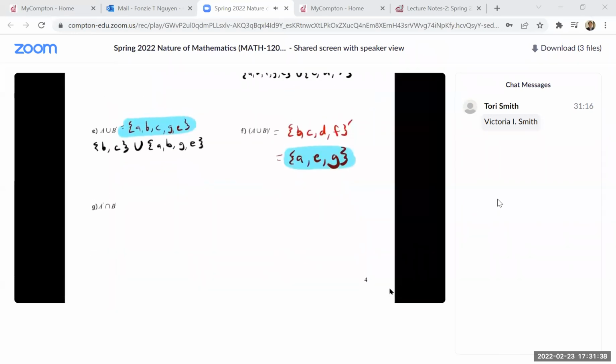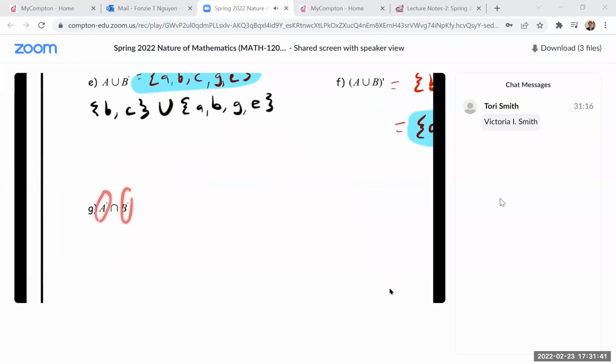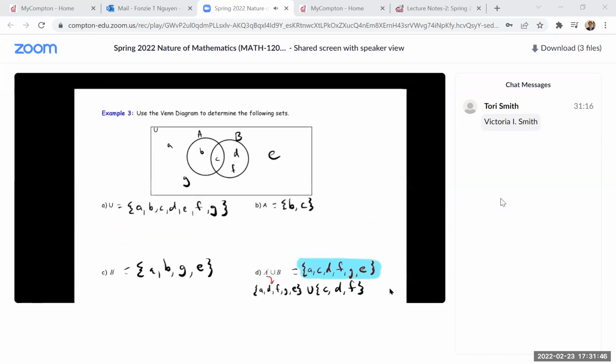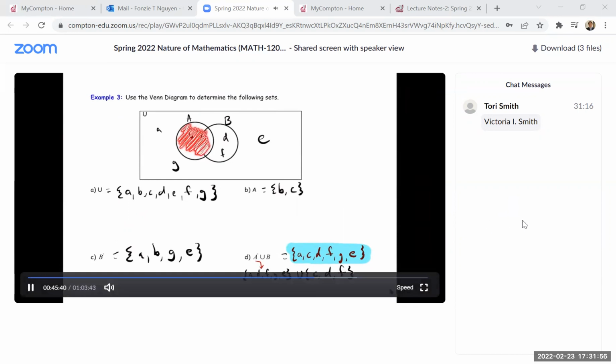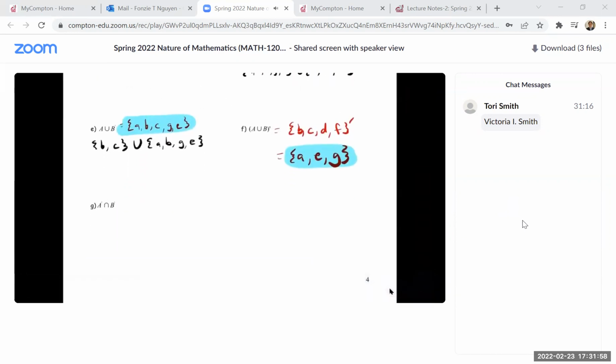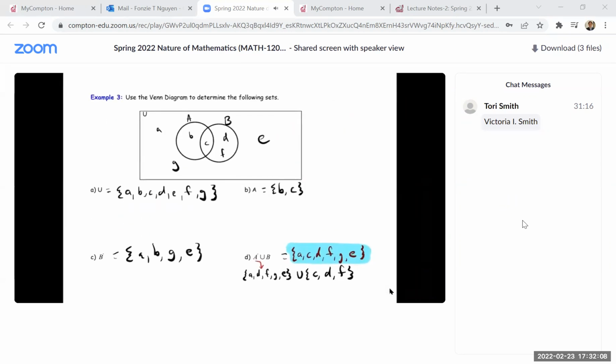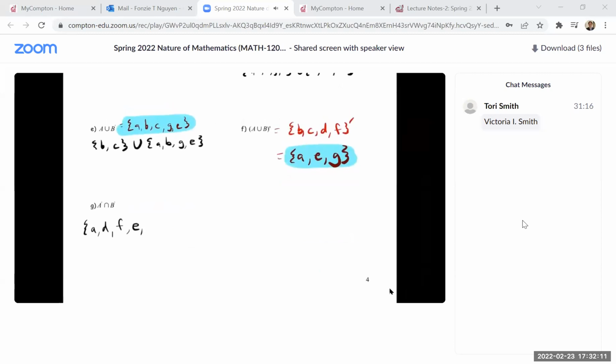All right, last one. So now we have to find both the complements first, and then we take the intersection after. So let's find a complement first. Everything outside of A would be A, D, E, F, G. So A, D, F, E, G. All right, so that's a complement.